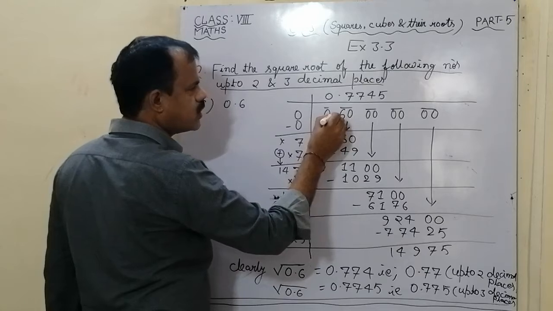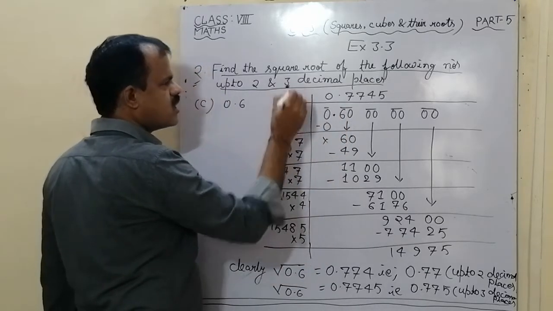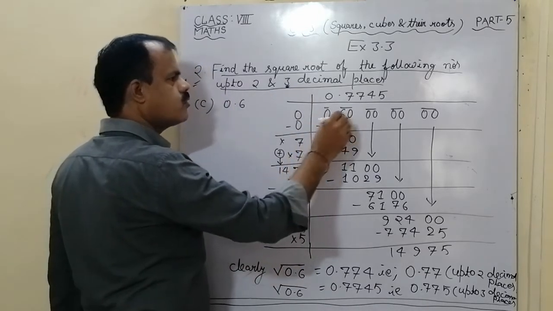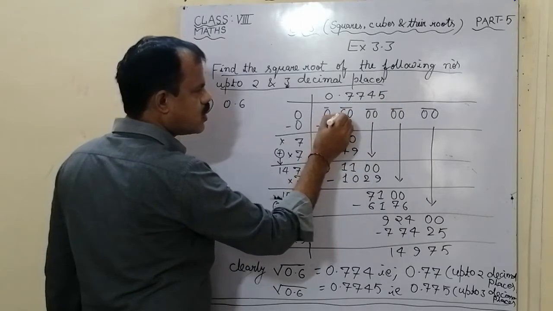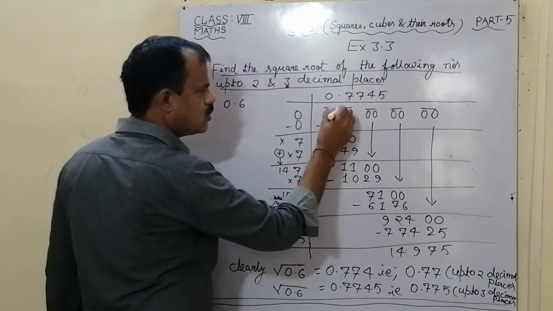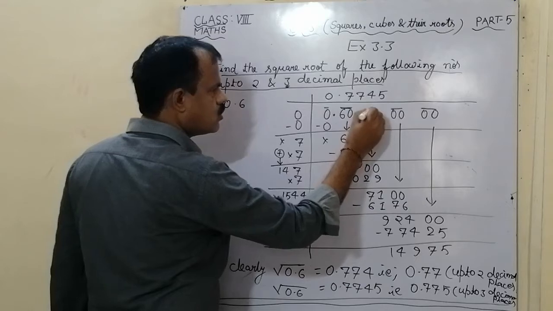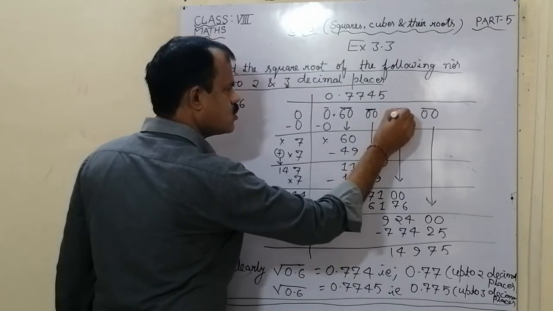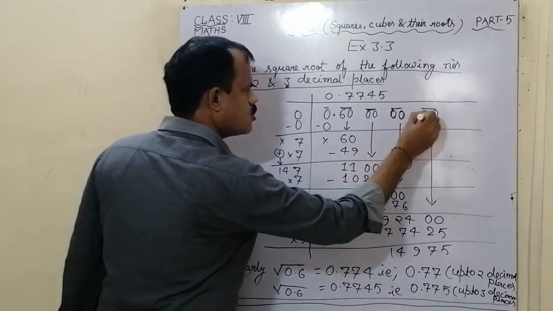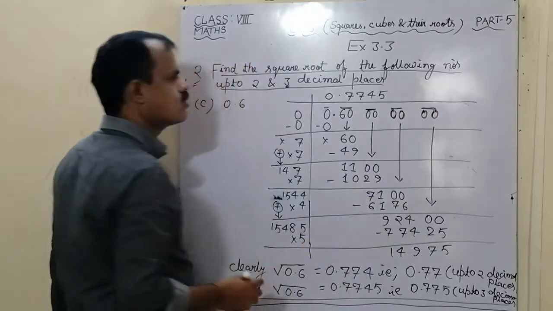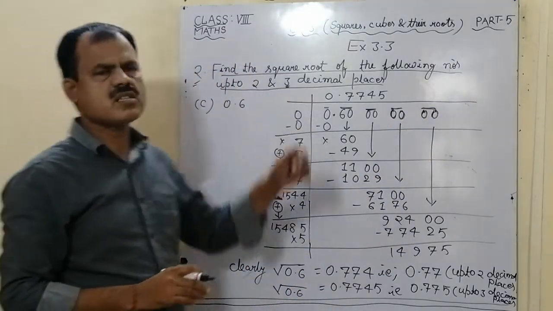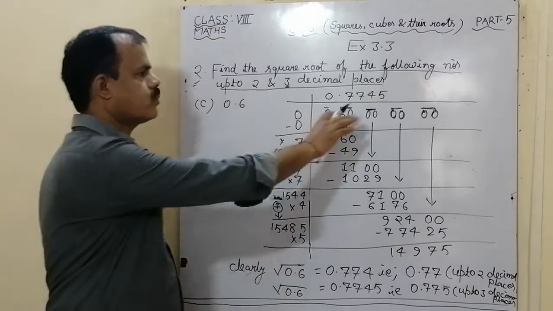The point is there. To find 3 decimal places we have to write 4 places: 0.6, then 00 is the first pair, 00 second pair, 00 third pair, 00 fourth pair.